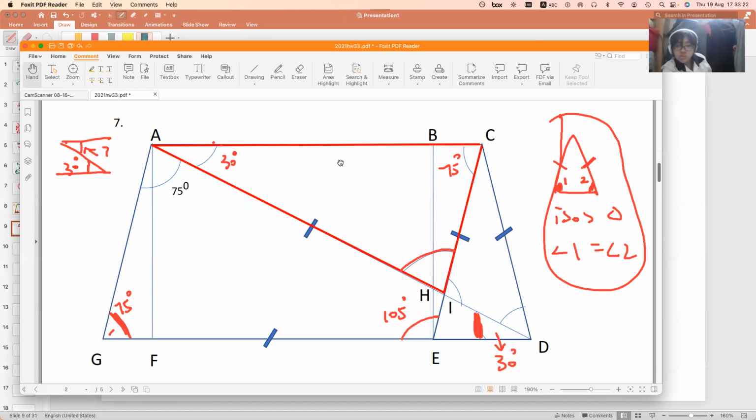So if you extract the red triangle out, this one is 30. This one is 75. Can you find this one? How do you find this one?